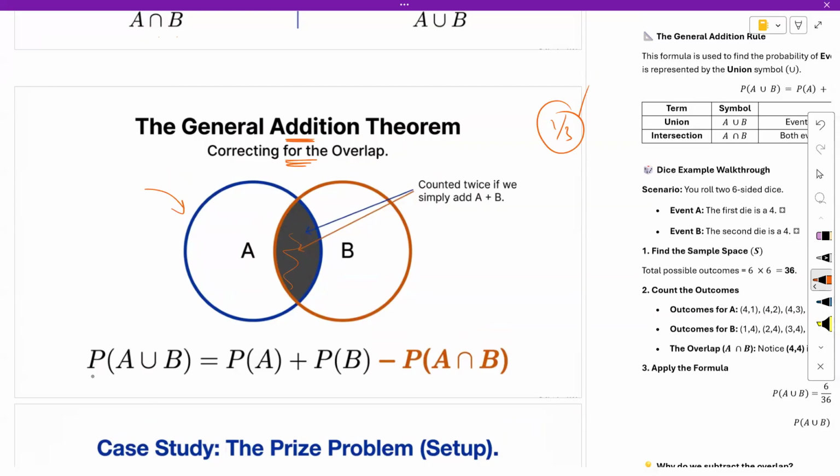Now, you see here, probability of A union B. A union B means it covers all areas.